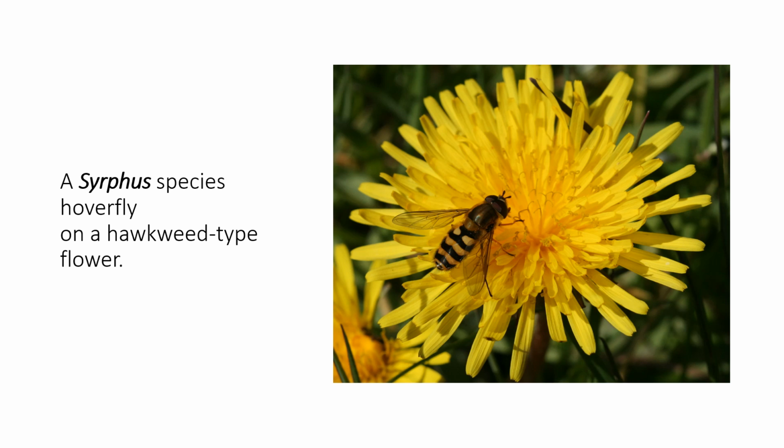This one definitely fits into the category of a standard hoverfly with the black abdomen, the yellow bars, and it's on a flower. But you can't really see the spurious vein at this point.